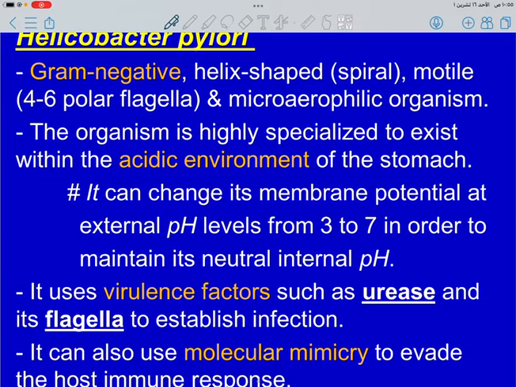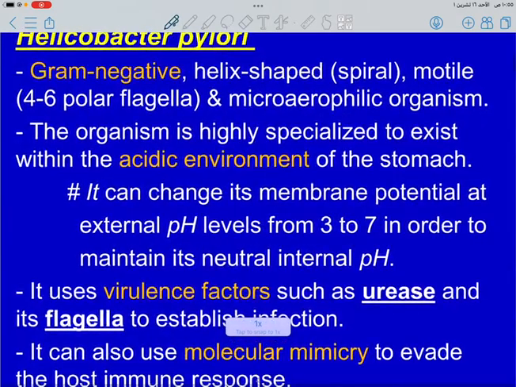It uses many virulence factors, and we will talk about the virulence factors. Very important. The most important part of this lecture are the virulence factors of H. pylori. But just to mention 2 points. First of all, this microorganism has urease enzyme and also has flagella for motility. The urease enzyme can increase the pH of the surrounding, and you will see how in a moment. The pH الأسيد ترفع تعمل 4 و5 و6.